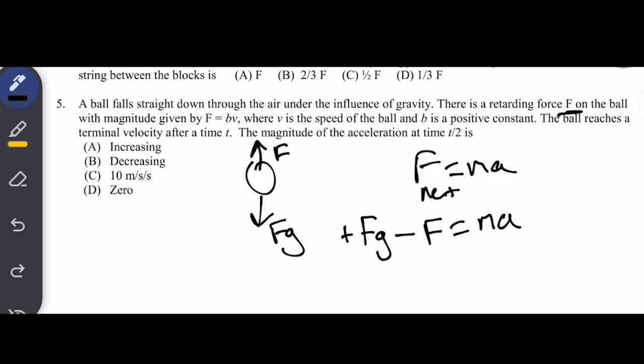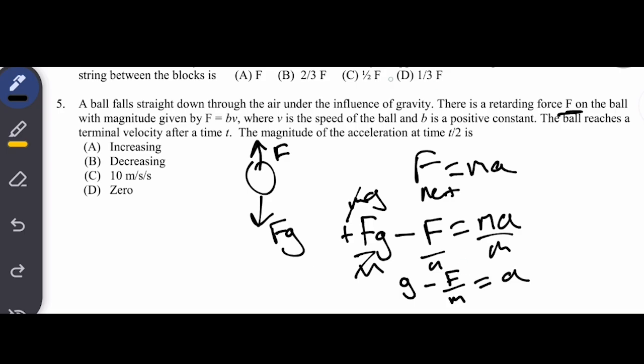Now what we need to do is get a by itself, because we're trying to find the magnitude of acceleration, so we need a relationship for acceleration. To do that, we divide everything by m. Force gravity is also equal to mg, so the m's cancel out, and we have g minus force over m is equal to a.